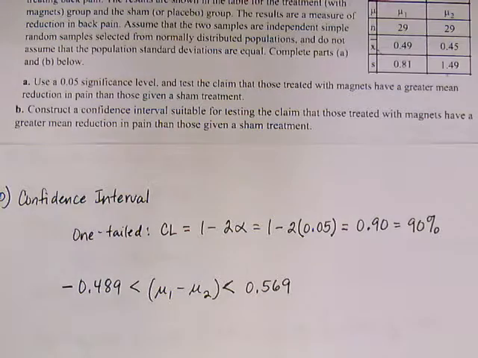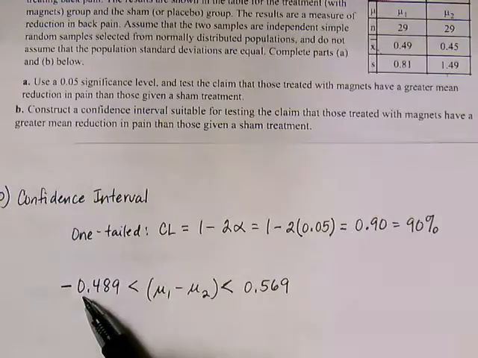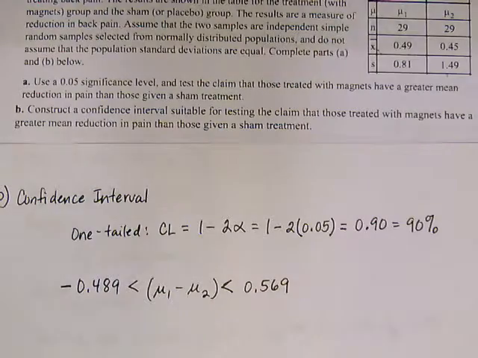And notice that your lower limit is negative and the upper limit is positive. So that means that there is no sufficient evidence in this case, because the confidence interval does contain 0 in it.